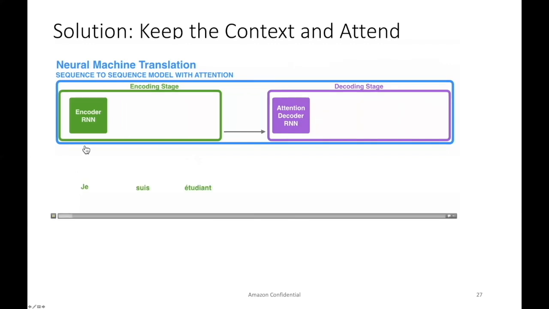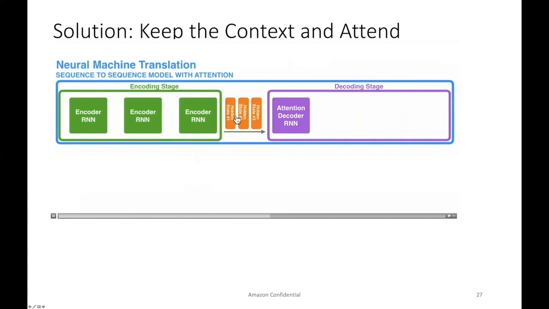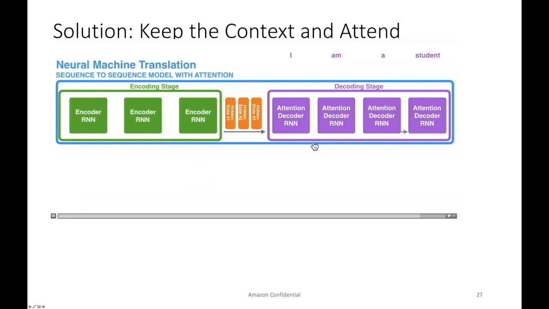The encoder, even in the case of attention models, takes the words one by one, produces a hidden state for each of the words, but then all the hidden states for each word are kept, and they are used in the decoding stage for producing the translation. That's the major difference between attention and a normal machine translation using an encoder and decoder.